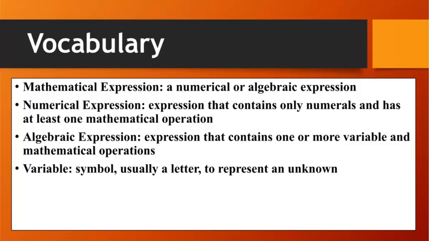The variable is just a symbol, usually a letter, that represents an unknown. So we are going to be going from writing the expression in words to writing it with digits and variables, and vice versa, going from the expression written in variables and digits to writing it in words.